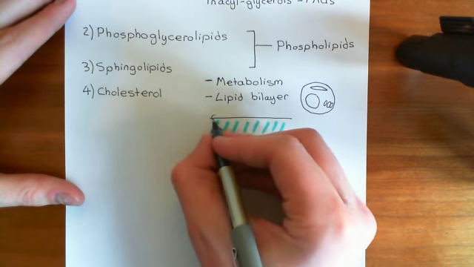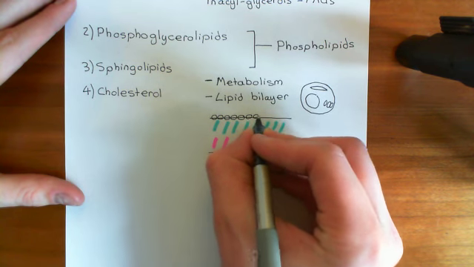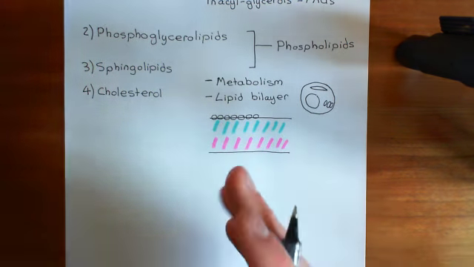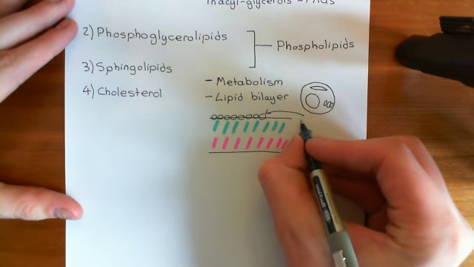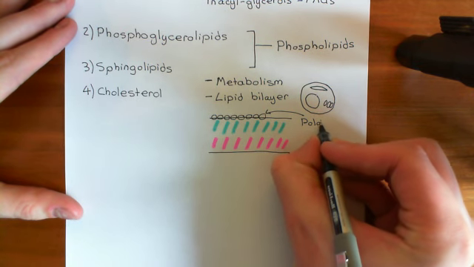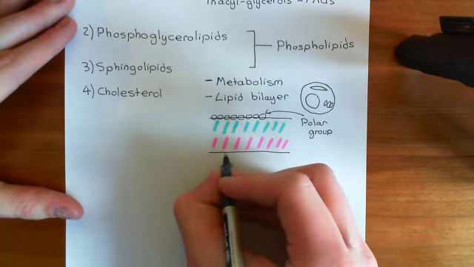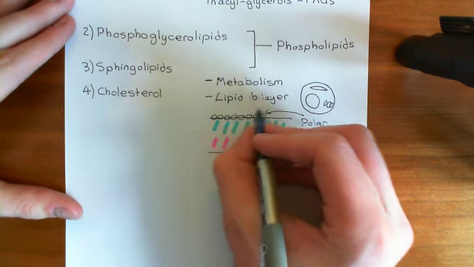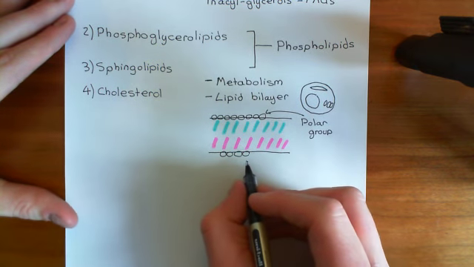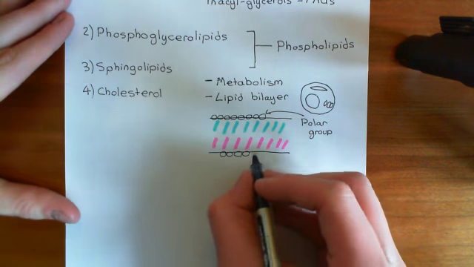Often the lipid molecules composing these layers will have polar groups which face outwards, in either direction. This side will have polar groups as well, and those will interact nicely with the water that the two sides of the lipid bilayer are in contact with.